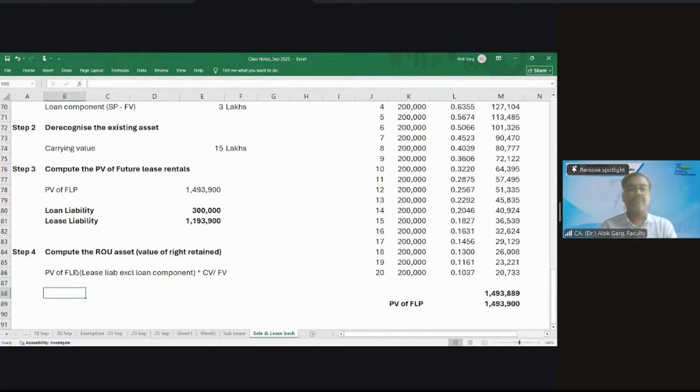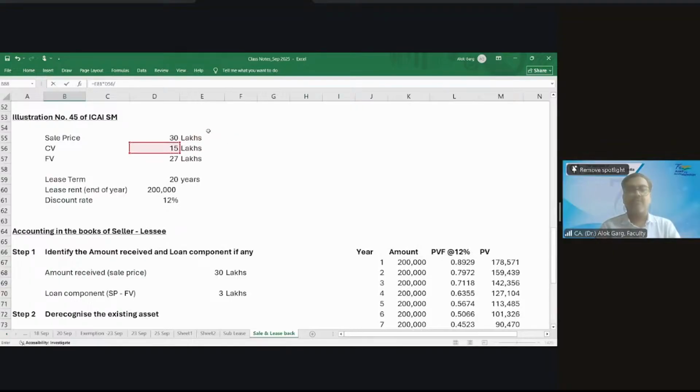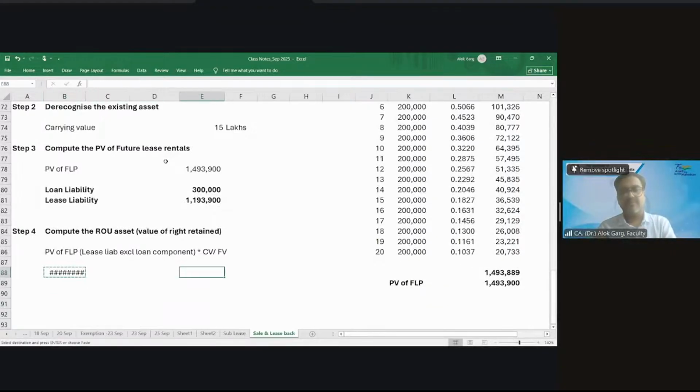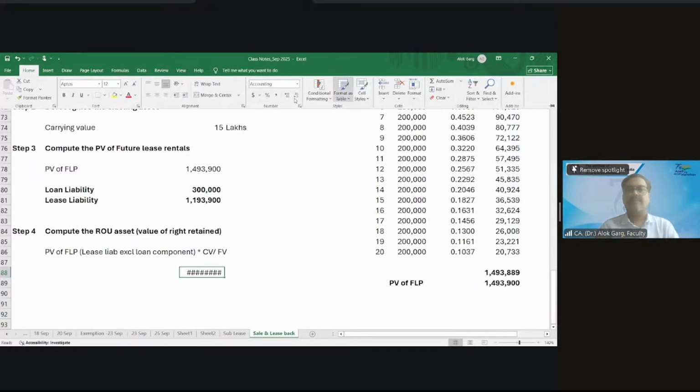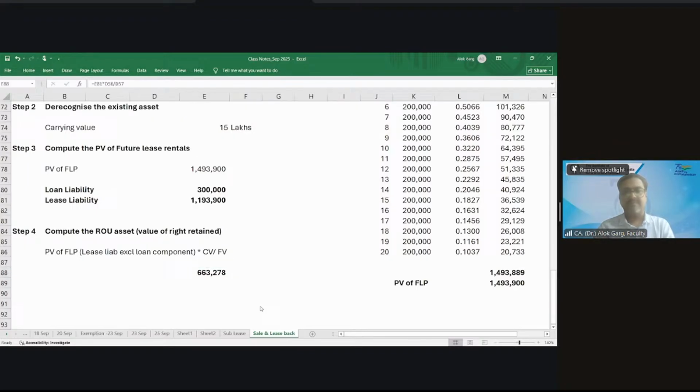So 11,93,900 multiplied by carrying value in the books, which is 15 lakhs, divided by fair value, which is 27 lakhs. So this will come out as 6,63,278, right?